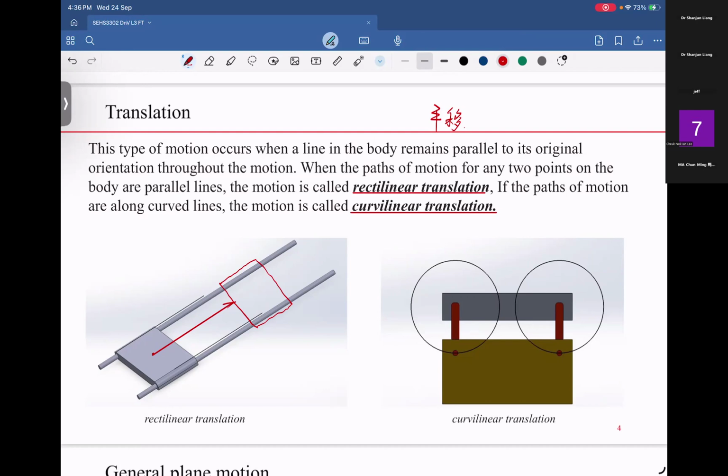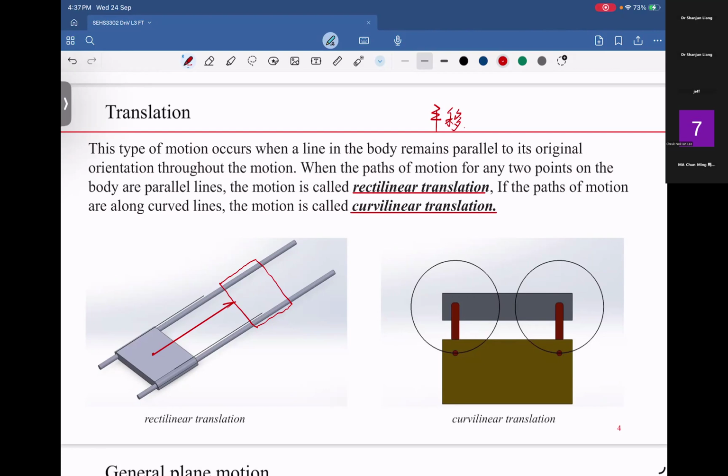The only characteristic of translation is that every point can represent the body's motion.